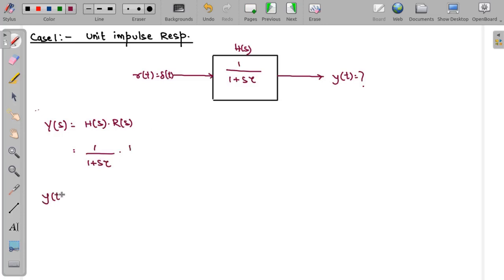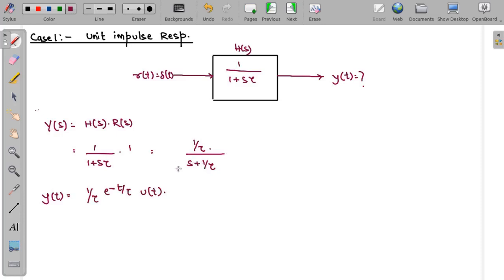So for y of t, you can take 1 by tau common, S plus 1 by tau. So y of t will be 1 by tau e to the power minus t by tau u of t.